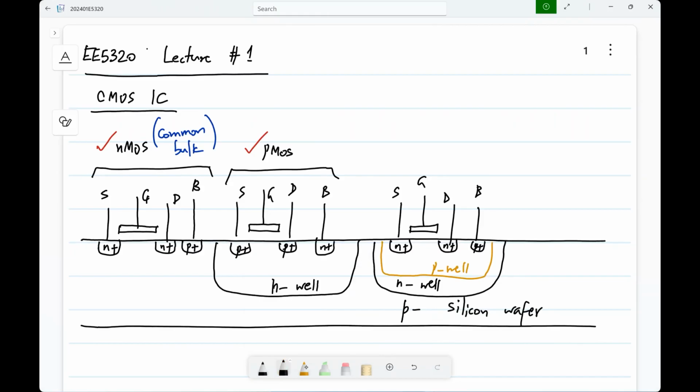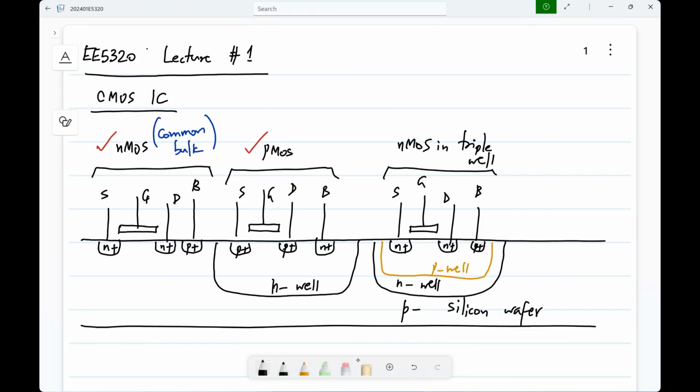It need not be common with every other transistor. But this is a special process provision which you may or may not have. And this arrangement is called triple well. Well is another shorthand for bulk. So you have P and N and P. That's why it's called that.